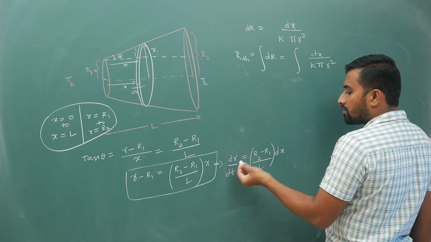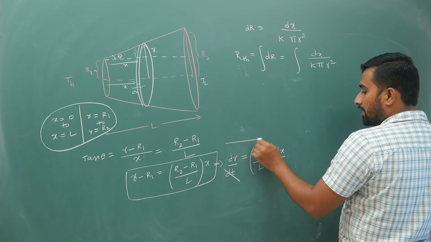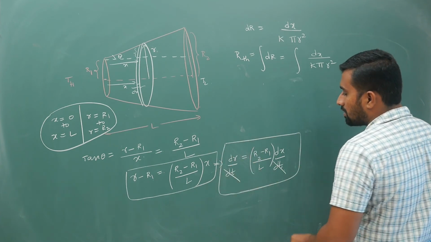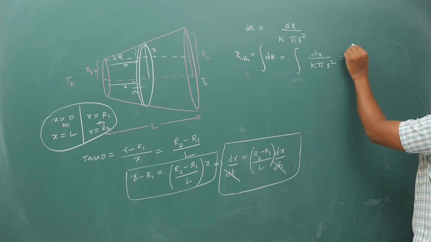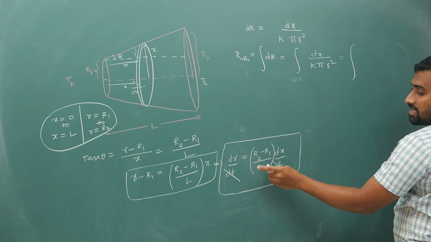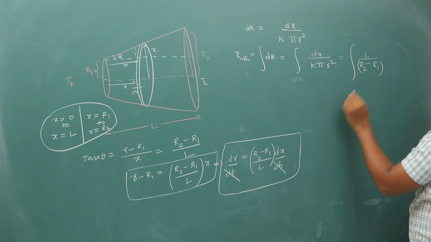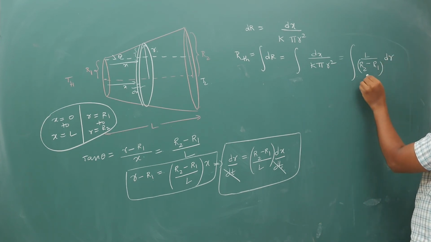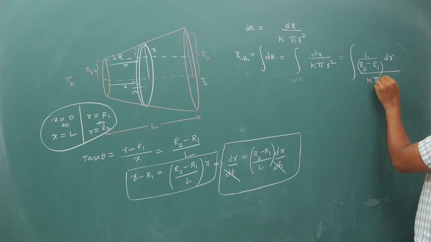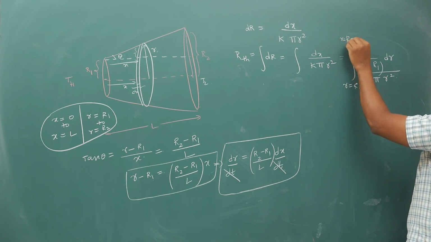With respect to some variable t, if you are differentiating it, dt will cancel off, so you are going to get dr equal to this much. So now your dx can be written as L by R2 minus R1 times dr, whole divided by, in the denominator, k into pi into r square, where your r is varying from R1 to R2.